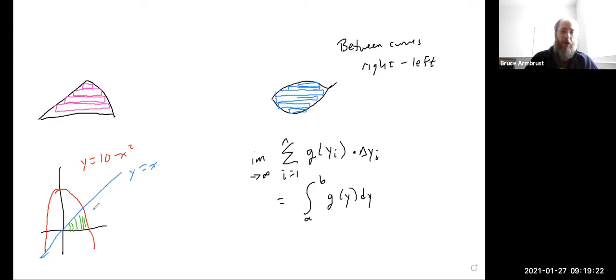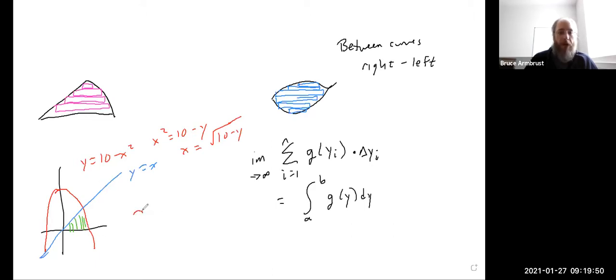We are going to solve both of these for x, so that when we're looking in this region, we can think about them as functions of y. This one, solve for x, is already y equals x, so x equals y. The other one, when we solve that, gives us x squared equals 10 minus y, or x is equal to the square root of 10 minus y.